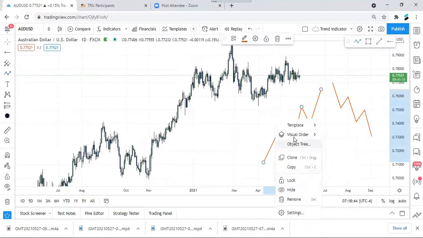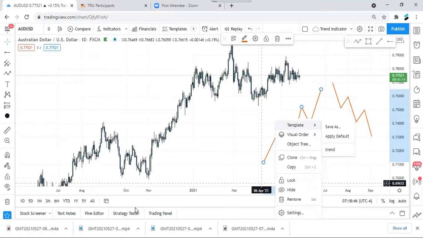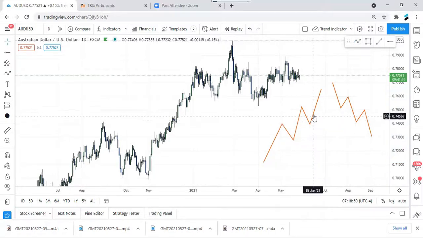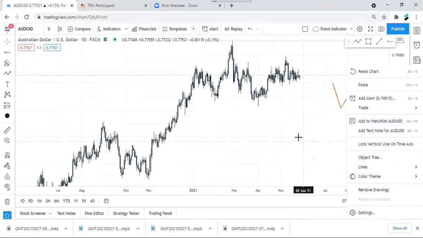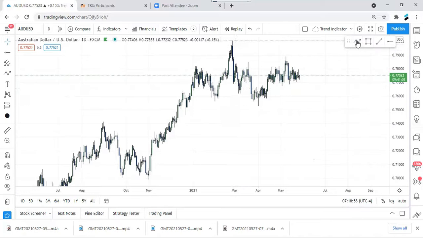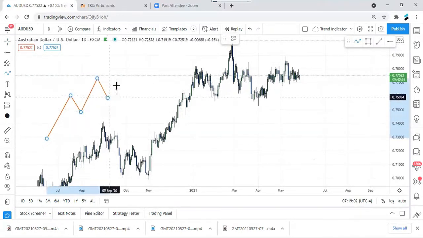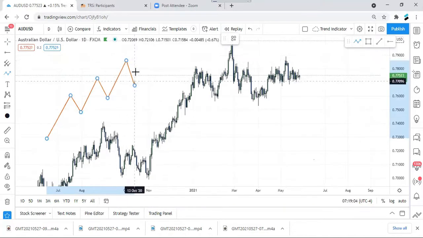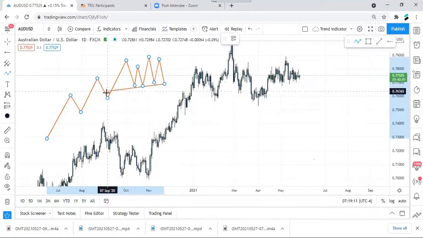Okay, erase this, remove this. When the market is doing an uptrend right now like this, what we see right now is the market doing this, right? Yeah.